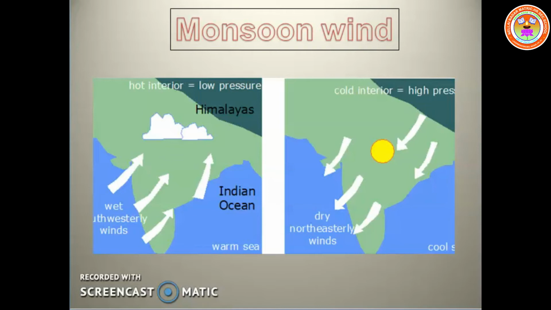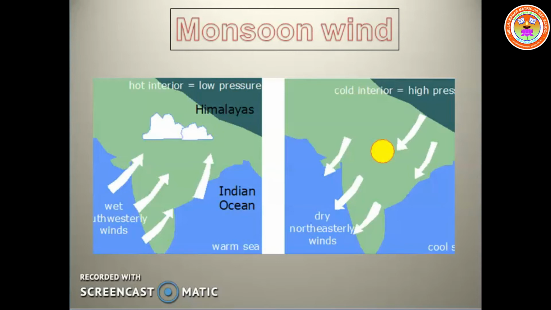So monsoons are seasonal winds. The tropical monsoon winds of the Indian subcontinent are the best example. India has two types of monsoon wind: the northeast monsoon wind and the southwest monsoon wind. So monsoons are periodic winds.